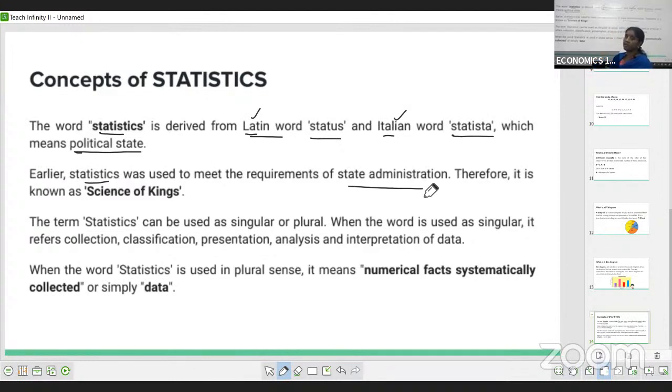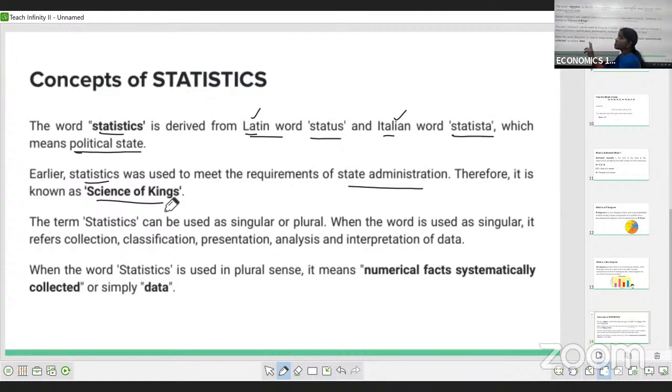Because of that, statistics is known as a science of things. So under the first point, we observed from which words it has derived.